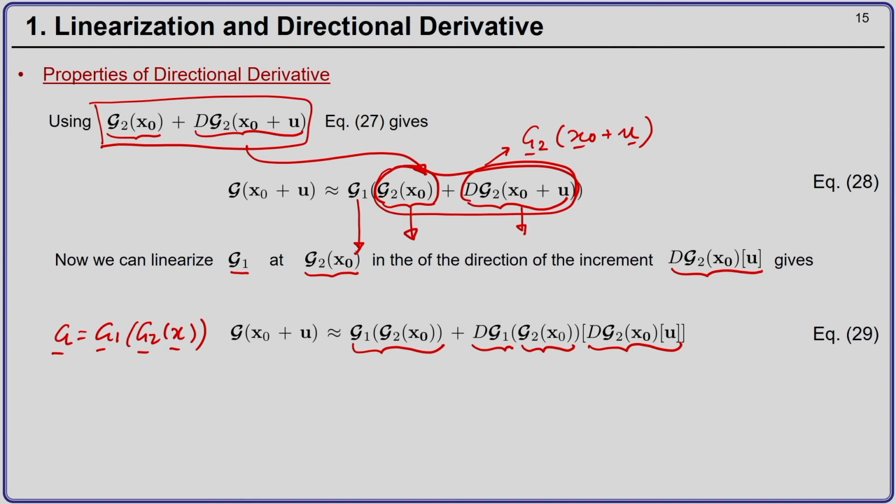So, the directional derivative of this quantity G, which is given by G 1 as a function of G 2 as a function of x, is nearly G 1 evaluated at the point G 2 x 0, plus the directional derivative of G 1 at G 2 x 0 in the direction of the directional derivative of G 2 at x 0 in the direction u.